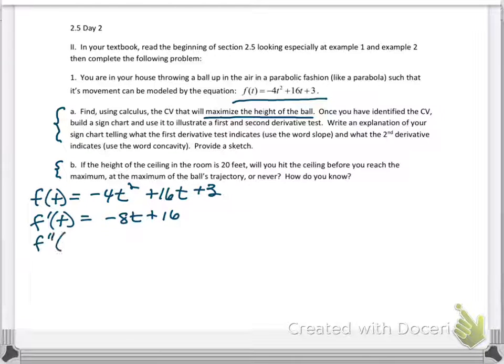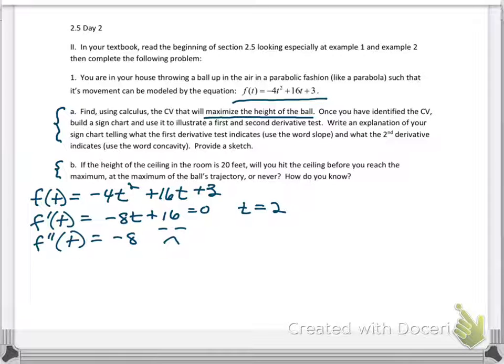Take your second derivative, and I'm getting negative 8, which tells me it's always going to be concave down, which you should know just looking at the leading coefficient of negative 4 of your original function. But let's go ahead and get our critical value. It looks to me like it's going to reach a max at the time of 2 seconds, right, if I set that equal to 0.